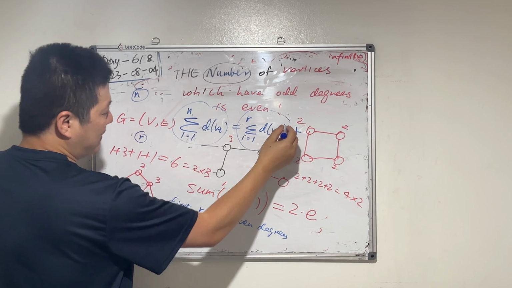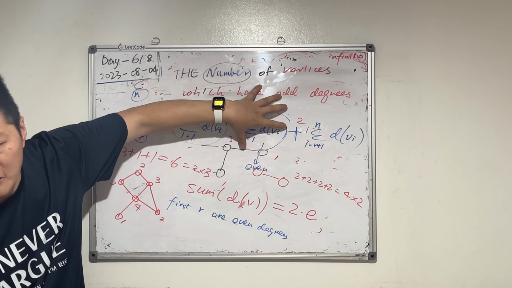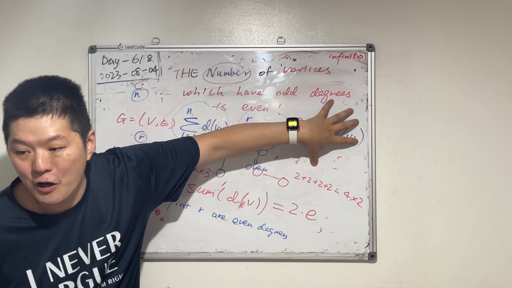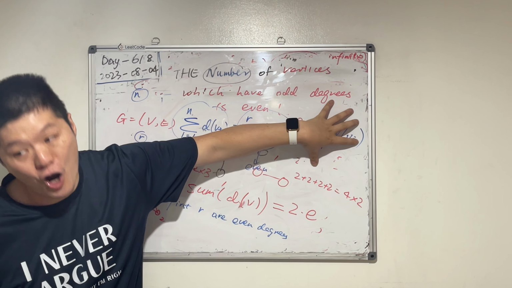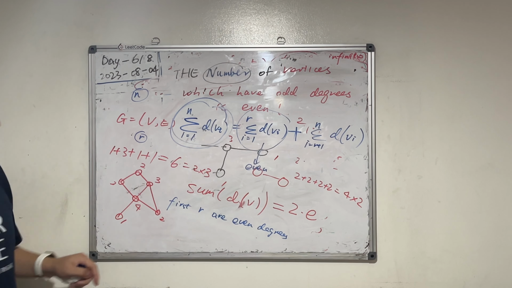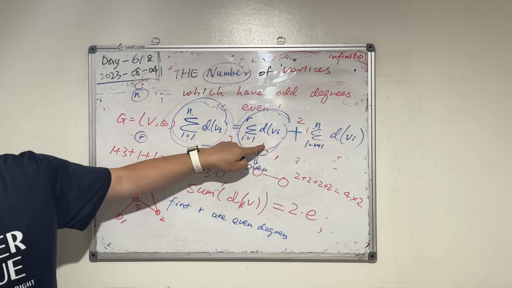The sum of all degrees equals the sum of the even-degree vertices plus the sum of the odd-degree vertices. The left part is an even number. This bit is an even number because each vertex has even degree.